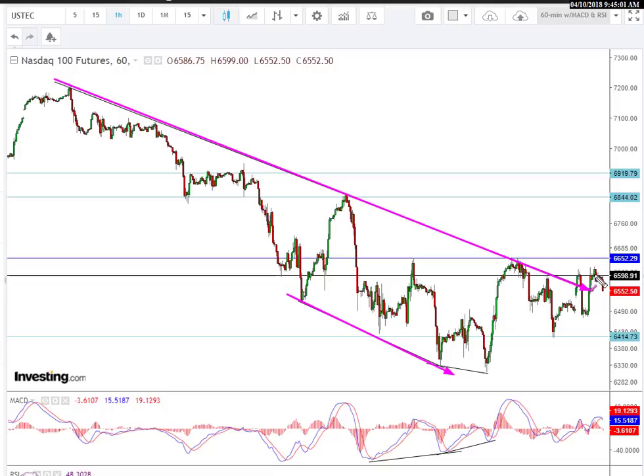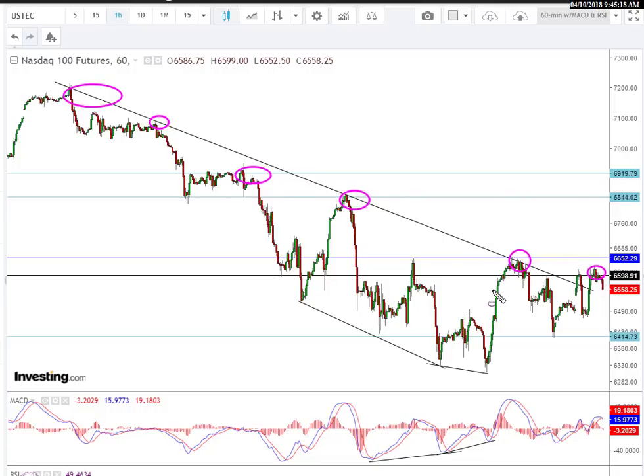So although we've made another high here over this trend line, that's not really significant. What's important is so far, if you look at it this way, again, I did this last night, you have a series of lower highs and lower lows on the bigger picture.